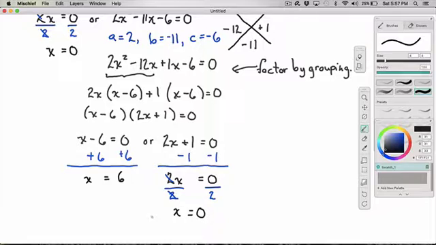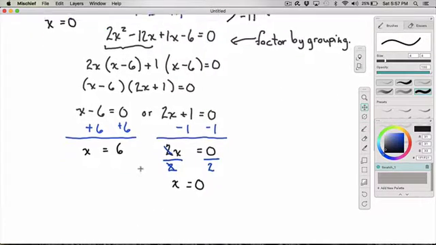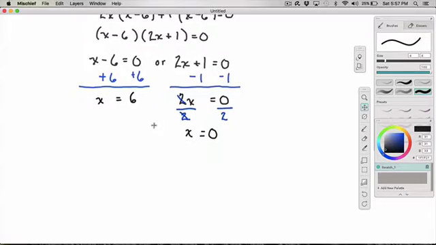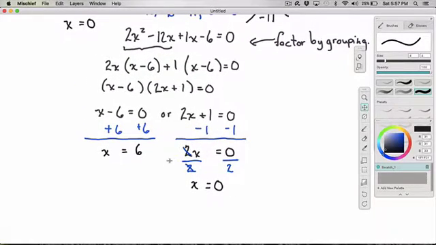And then, just to be formal, you should write all your answers out at once. My answers are x equals 0, 6.